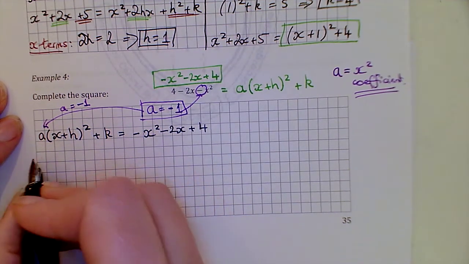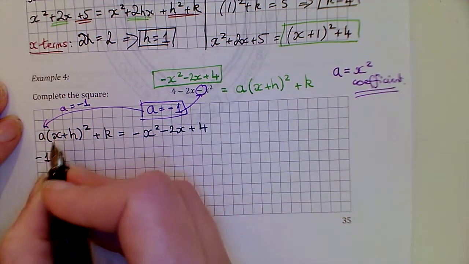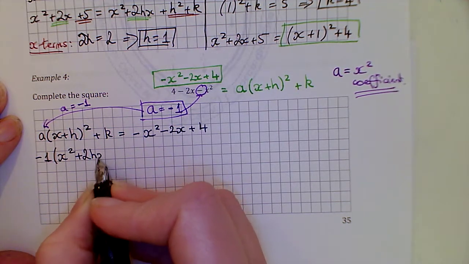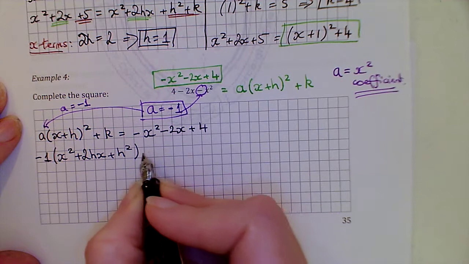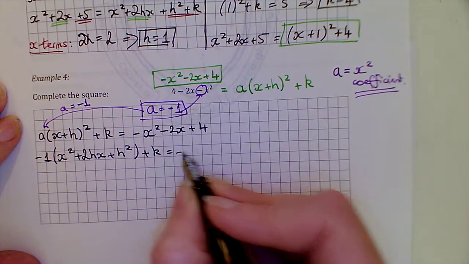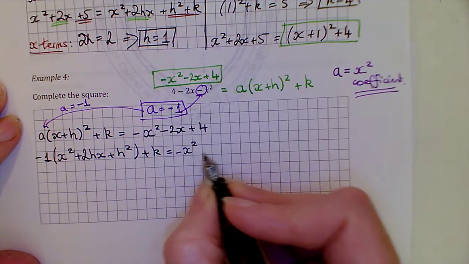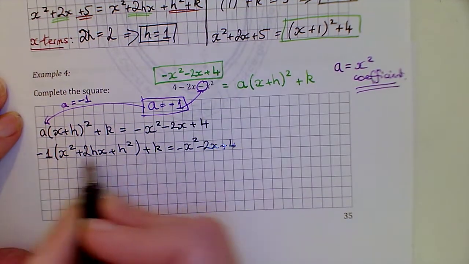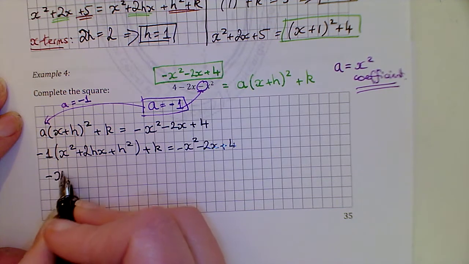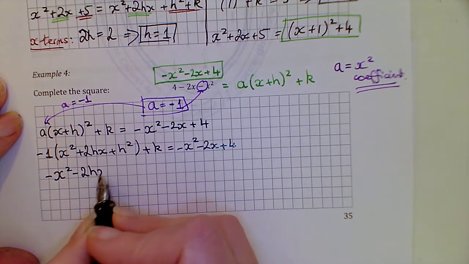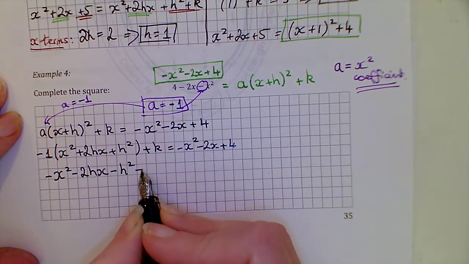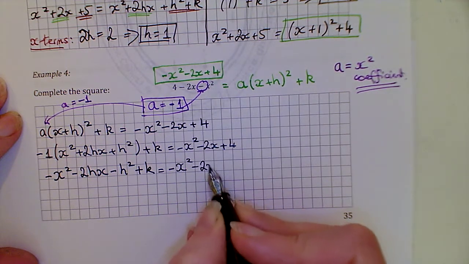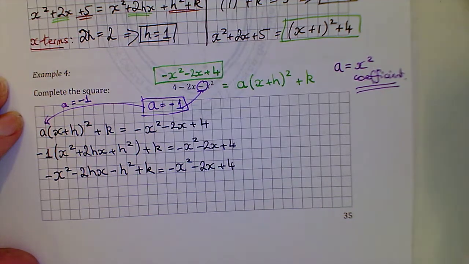So now what I have is a -1, but I square this out as usual. X squared plus 2hx plus h squared plus k equal to minus x squared minus 2x plus 4. And then I multiply through that -1. Minus x squared minus 2hx minus h squared plus k equal to minus x squared minus 2x plus 4.